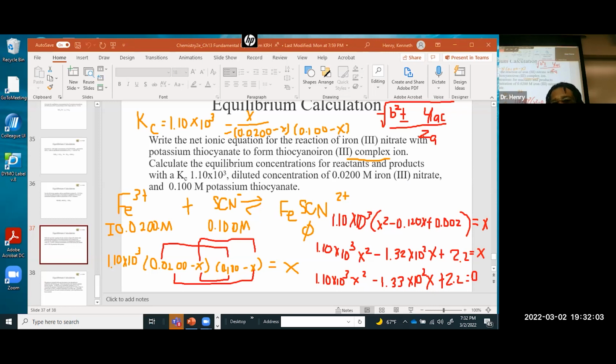Okay, hold on. You're going to have to go slower now because my brain is not working today. So you said it's negative b plus or minus the square root of b squared minus 4ac.